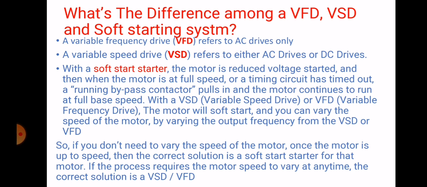Means if you need to vary the speed, then you must install a VFD or VSD. If you need soft starting but later you don't need any variation or speed control, then the soft starting system is more suitable. These are the differences I shared with you. Now go to the next slide.